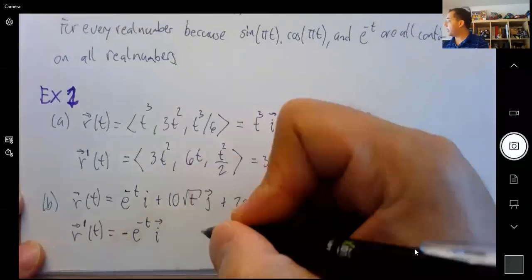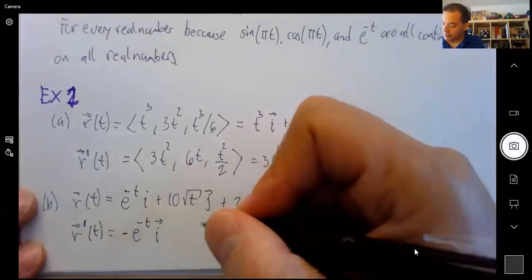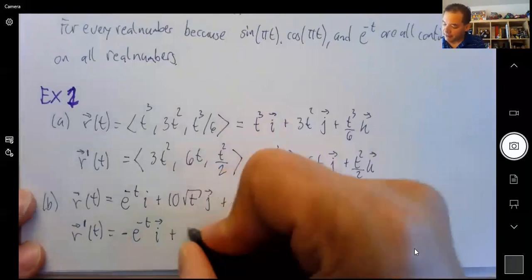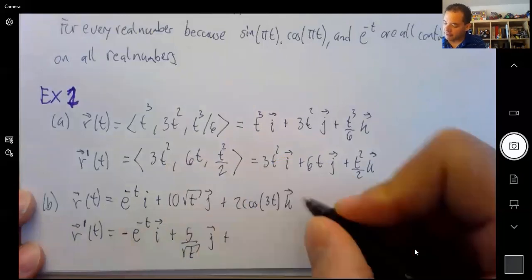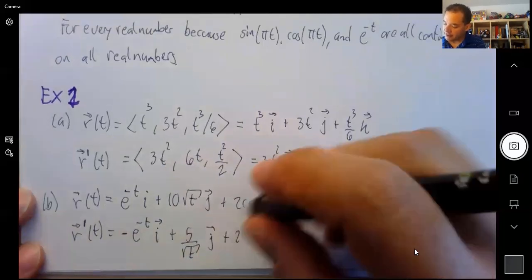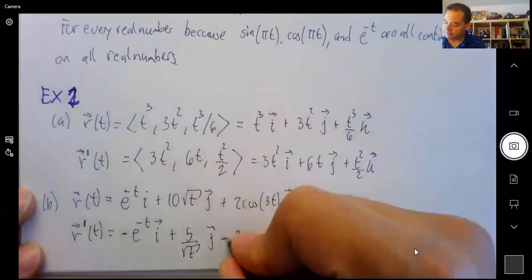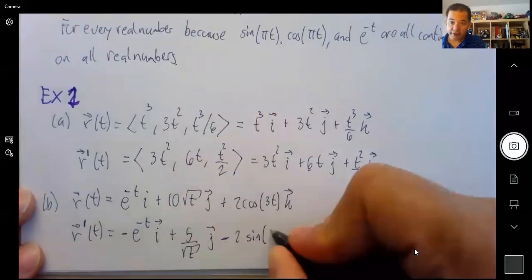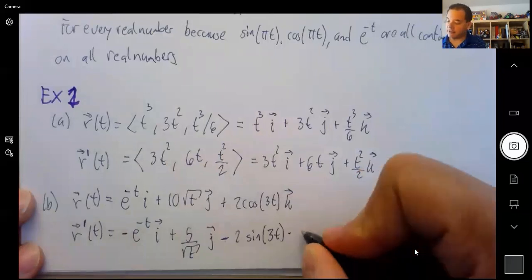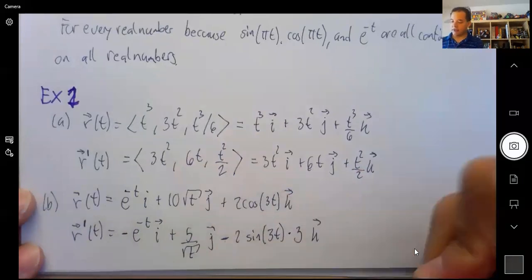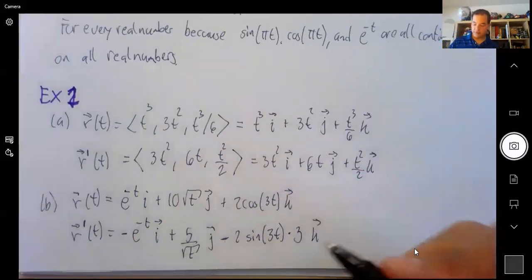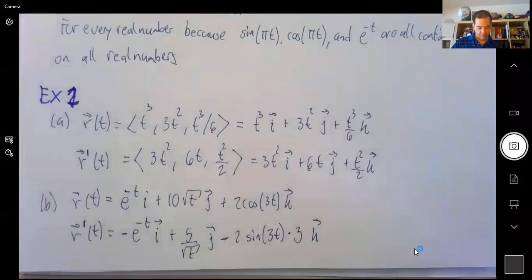The derivative of 10 root t, that will be 5 over root t. Here, chain rule, right? The derivative of cosine is negative sine, so this will be minus sine of 3t times the derivative of 3t, which is 3, times k. So that's actually 2 times 3 is negative 6, right? And that's it. Okay, easy peasy, as I was telling you.